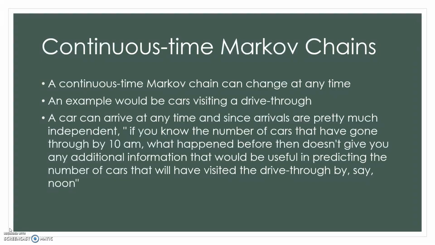A car can arrive at any time, and since arrivals are pretty much independent, if you know the number of cars that have gone through by 10 a.m., what happened before then doesn't give you any additional information useful in predicting the number of cars that will have visited the drive-thru by noon. Again, this shows that the past doesn't really help you predict the future. So for discrete time Markov chains, changes can only happen at certain times, and with continuous, changes in the system can happen at any time.